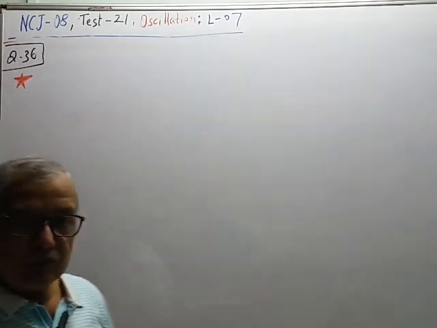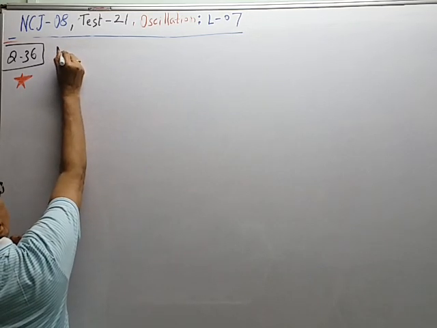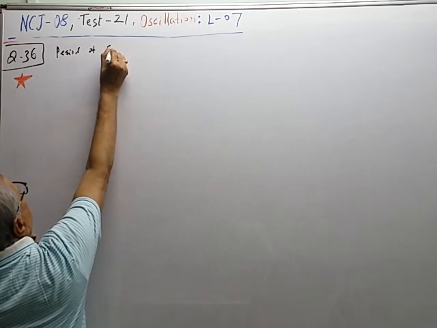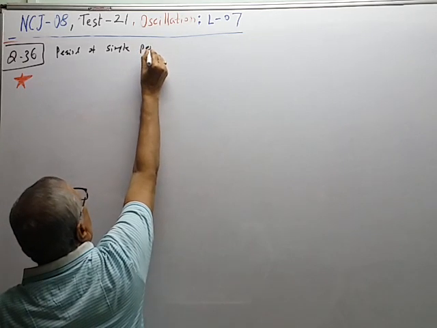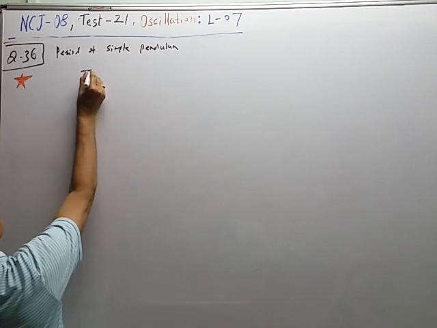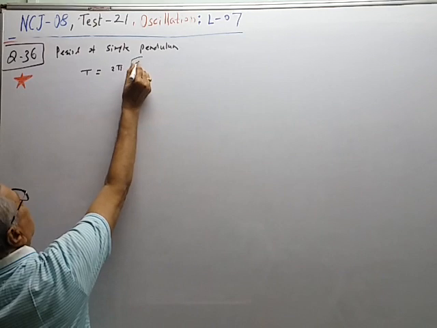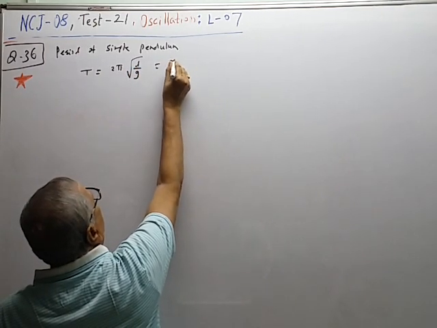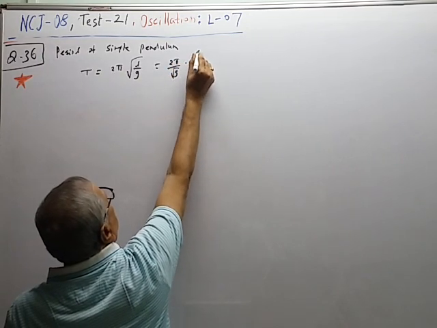So we know the formula for the period. Period of a simple pendulum, capital T is equal to 2 pi multiplied by under root L by G, which is equal to 2 pi upon under root G into L raised to 1 half.